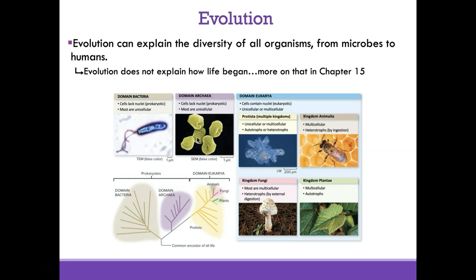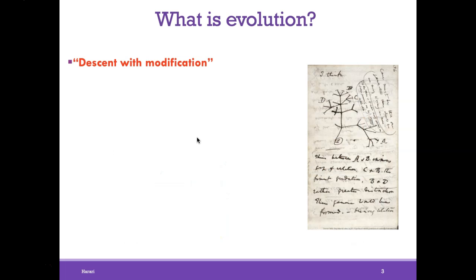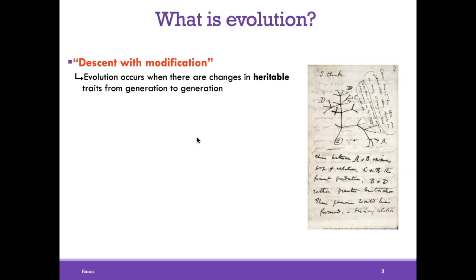But what evolution does explain is how all life has a common ancestor, and how different organisms have different features depending on their environment. So what is evolution? A simple definition of evolution would be descent with modification. There are two parts: the descent part, and the modification part.